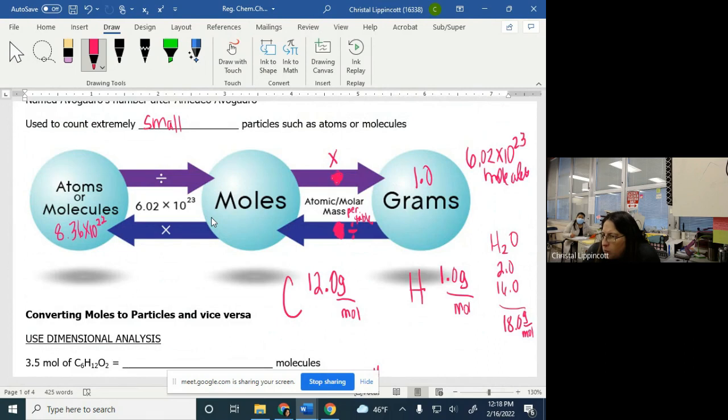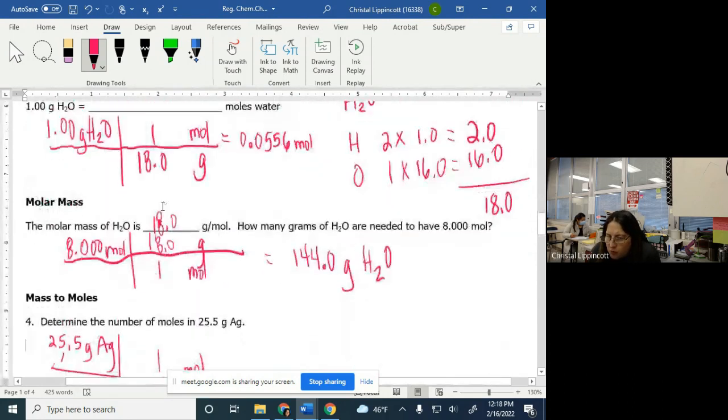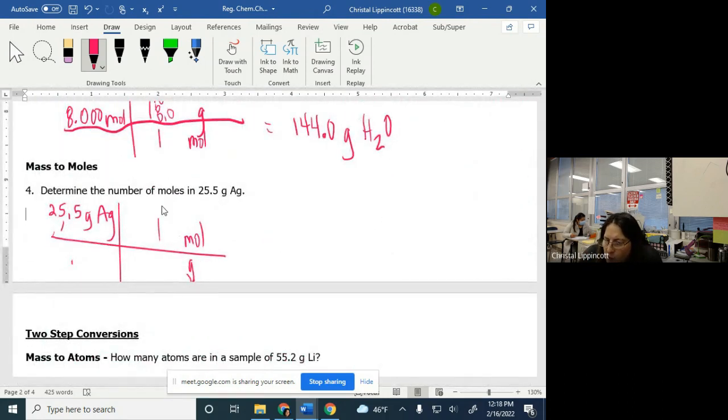Where are we going to go? Periodic table. And we're going to find the atomic mass on the periodic table for silver. So that is 107.9. So 107.9 is my atomic mass.